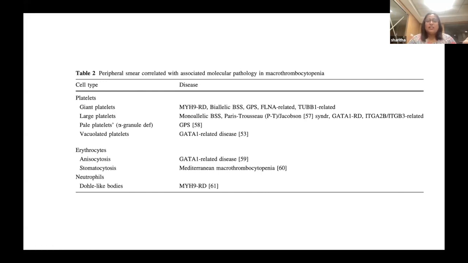And if there is stomatocytosis seen in the RBCs, then we can suspect Mediterranean macrothrombocytopenia. If the giant platelets are associated with Döhle-like bodies, inclusion bodies in the neutrophils, then myosin heavy chain 9-related disorders should be in the differential diagnoses.